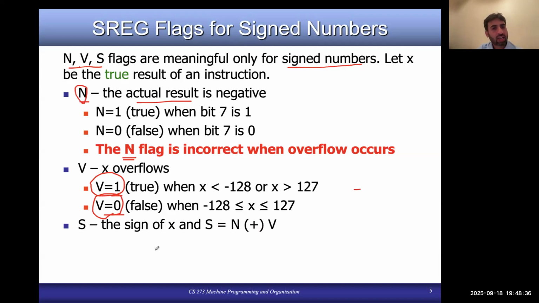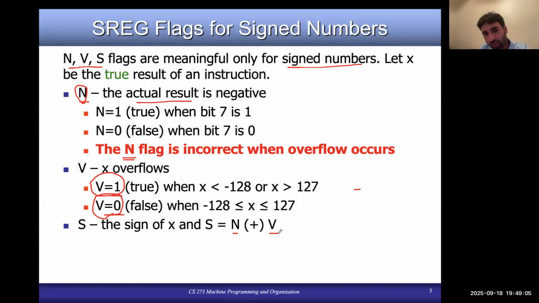Sign flag. The sign flag is actually the exclusive OR of both flags, the negative flag and the overflow flag. Actually it is the corrected version of the N flag. Again, as I said, if there is no overflow, we can trust the negative flag, and it is telling us the correct value.